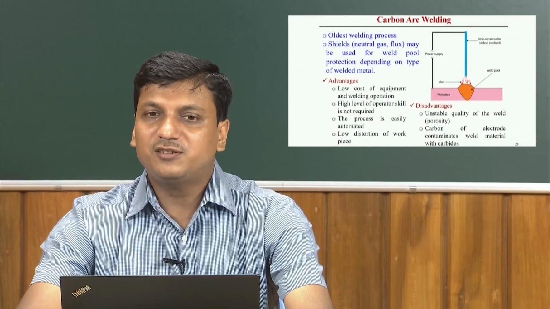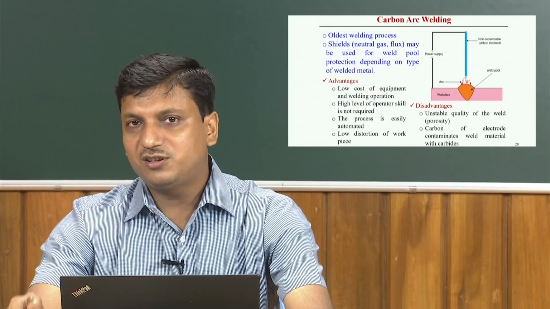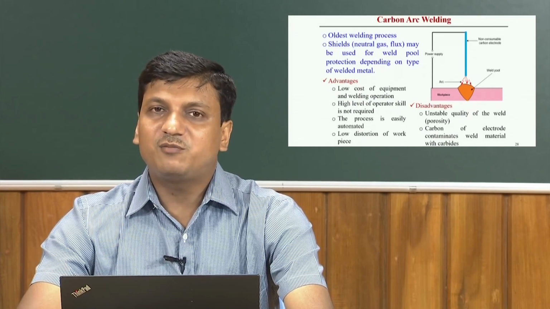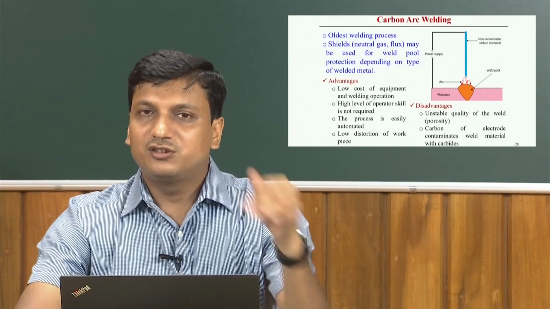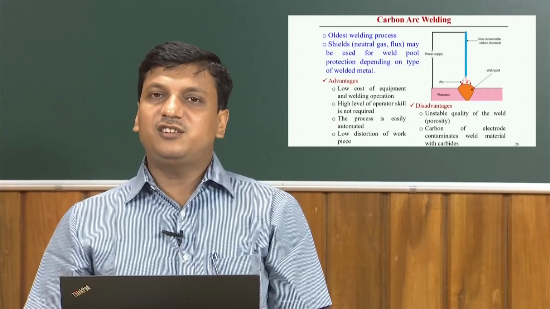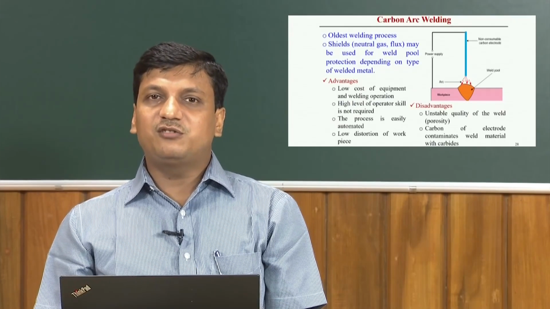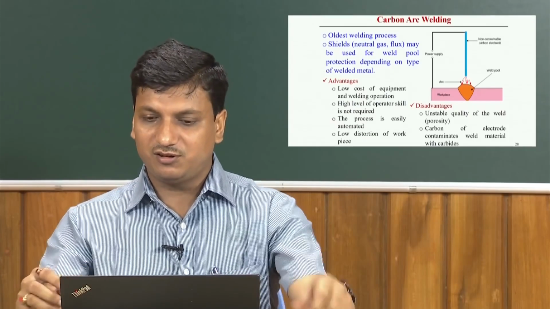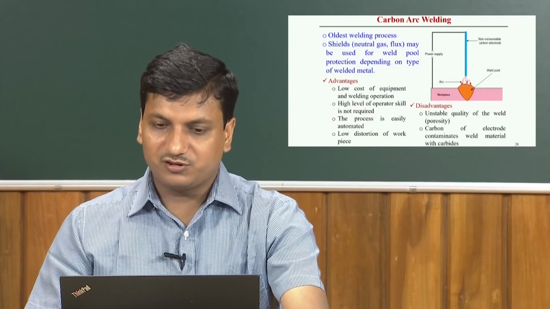At high temperature there may be a transfer of carbon atoms, and that creates carbides in the workpiece material. So, if the requirement is to produce carbides in the workpiece material, in that sense this welding process is more suitable compared to the other welding processes.